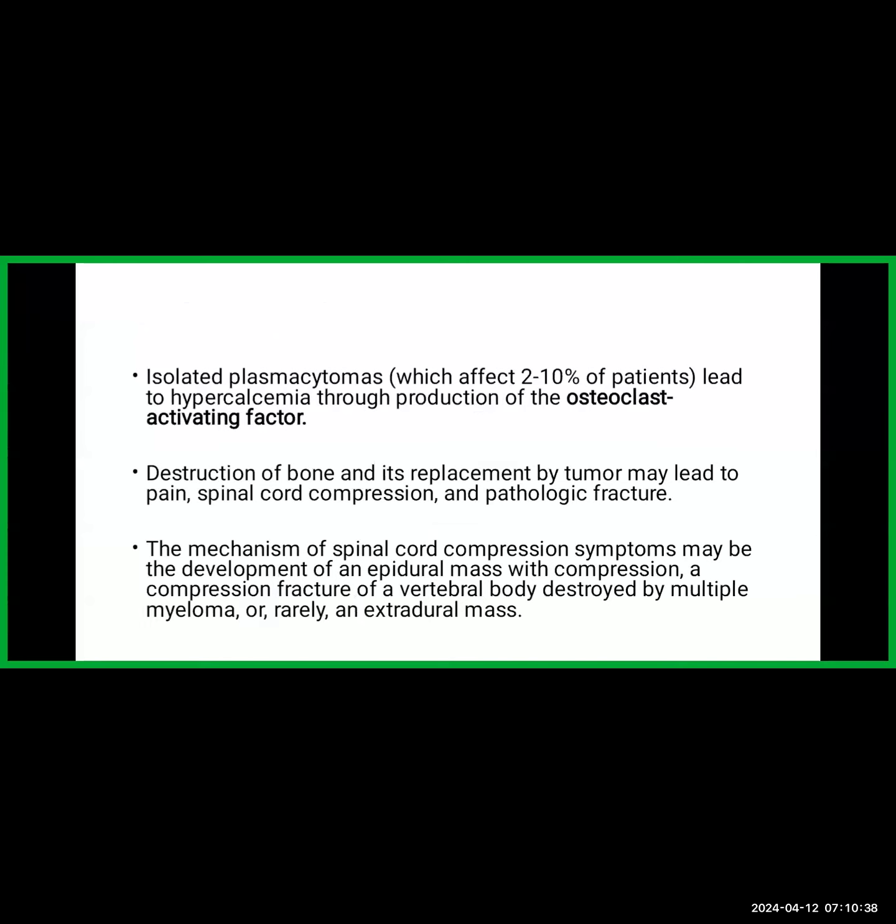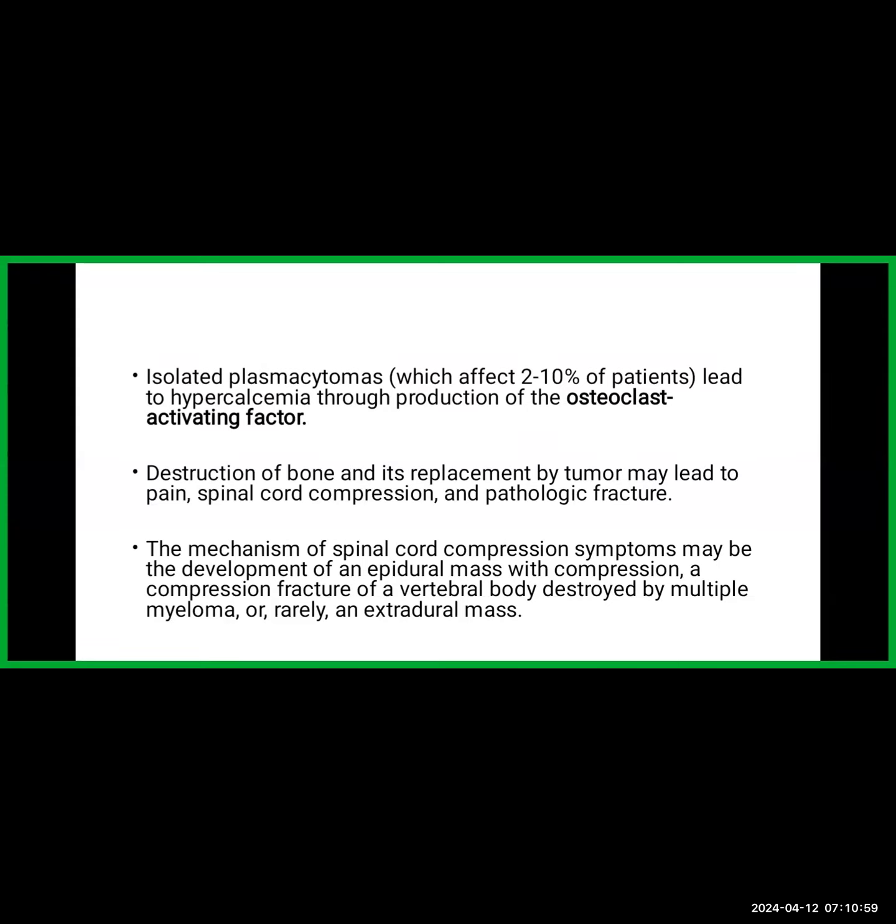Isolated plasmacytomas, which usually affect 2 to 10% of patients, will lead to hypercalcemia through production of the osteoclast activating factor. They also have destruction of bone and its replacement by tumor that will lead to pain, spinal cord compression, and pathologic fracture.